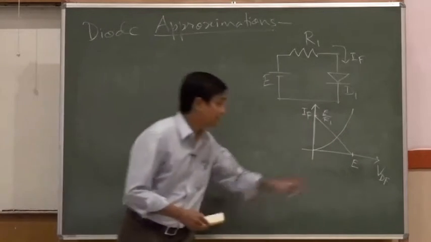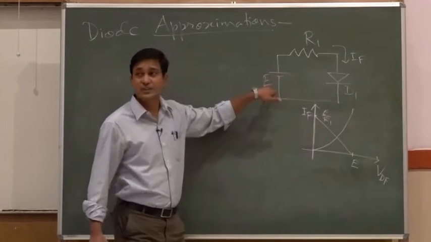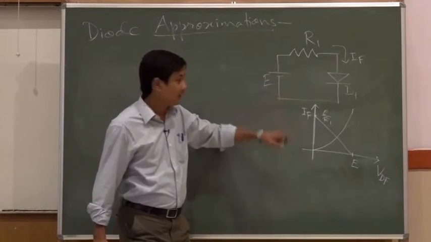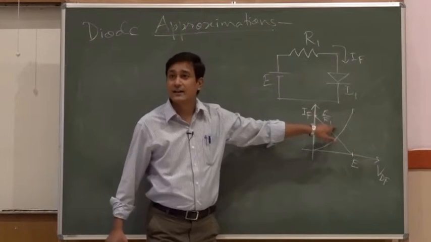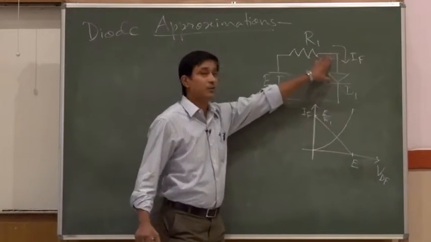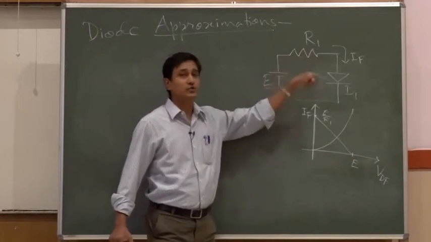What is the significance of capital E and the E by R1 current? E is the potential which we used to drive the circuitry, and E by R1 is the current that flows if the diode has zero potential drop across it. So, the maximum current flows through the circuitry.